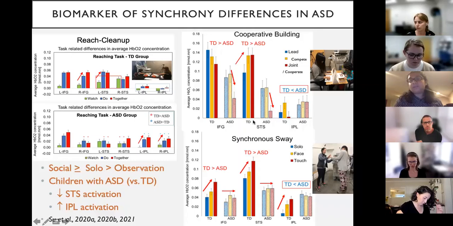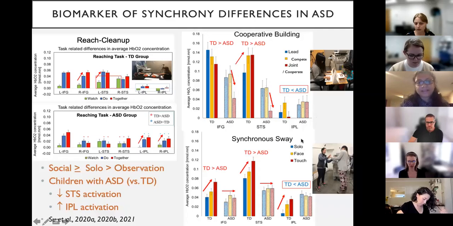And so the discussion of this paper has been that we should be encouraging children with autism to lead and compete more, as opposed to always telling them, do what I'm doing or follow me, which is what we often do when we provide therapy to children. Perhaps they are going to be more socially aware and engaged if they are given opportunities to lead and compete.